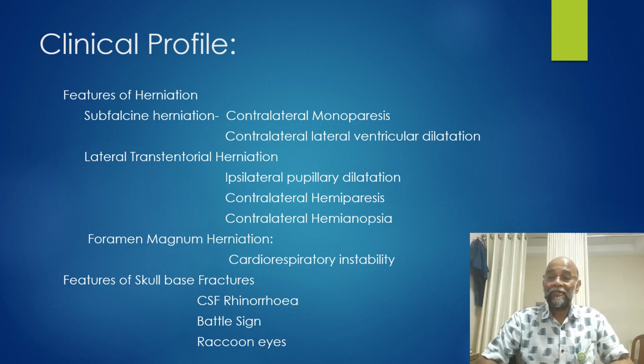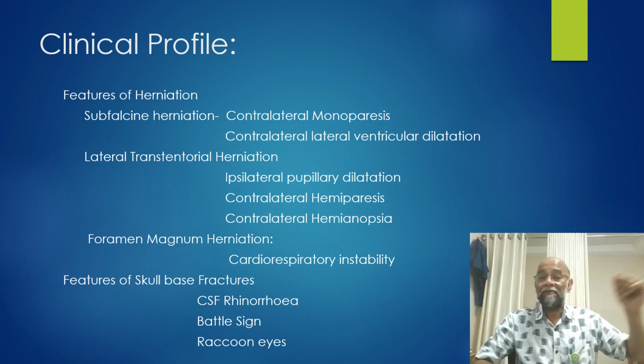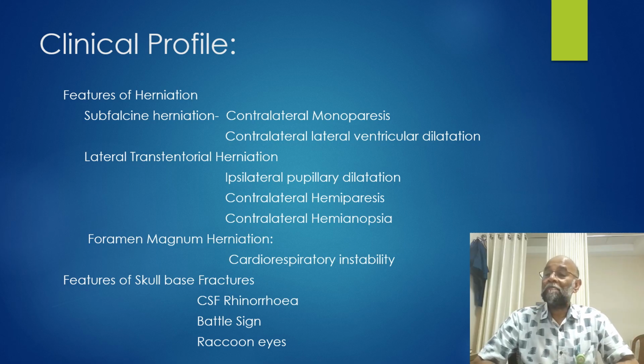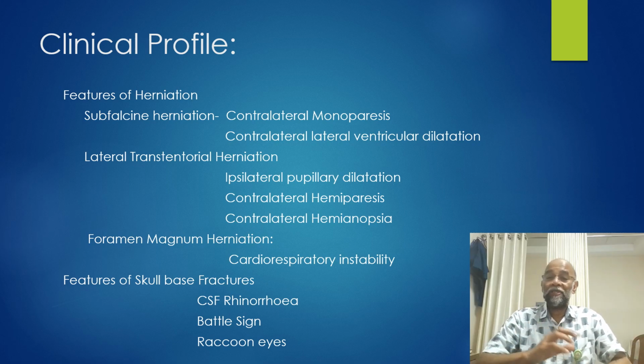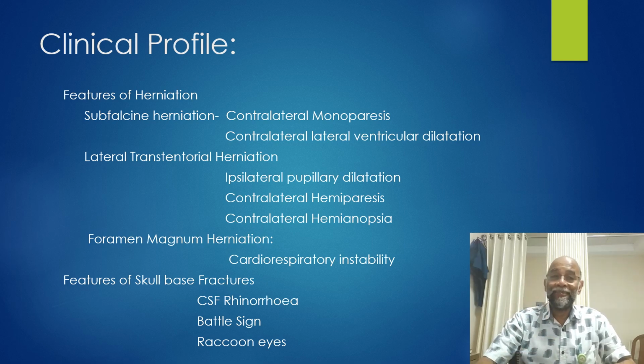Lateral transtentorial, or uncal, herniation results in ipsilateral pupillary dilatation, contralateral hemiparesis, and contralateral loss of visual field. Foramen magnum herniations result in cardiorespiratory instability. What are the features of skull base fractures? You can have CSF rhinorrhea, you can have the Battle sign, mastoid bruising, or raccoon eyes.